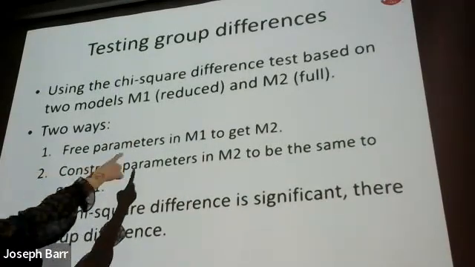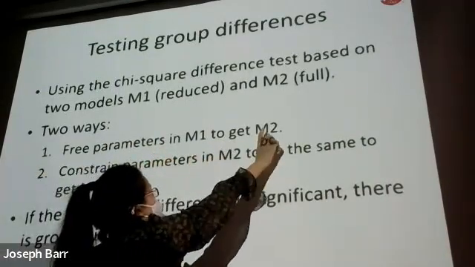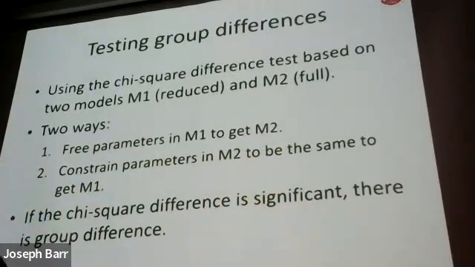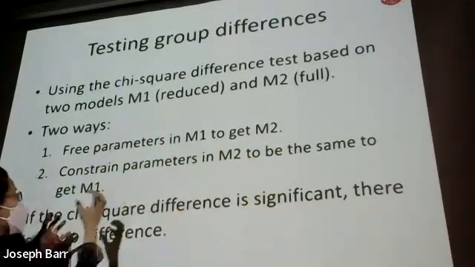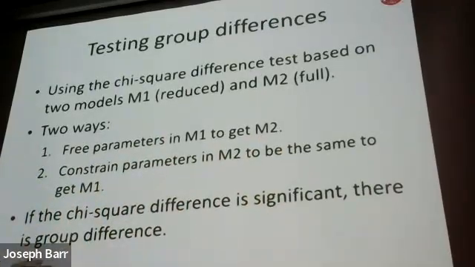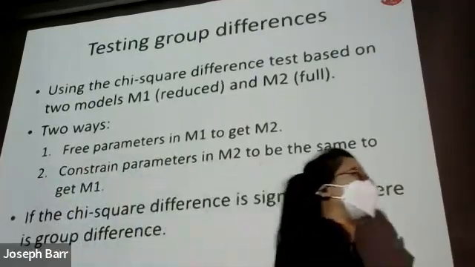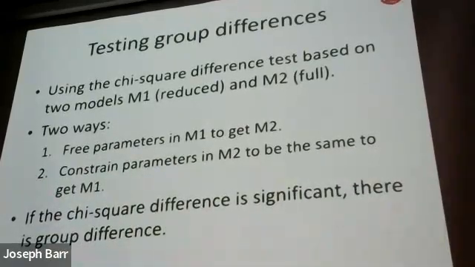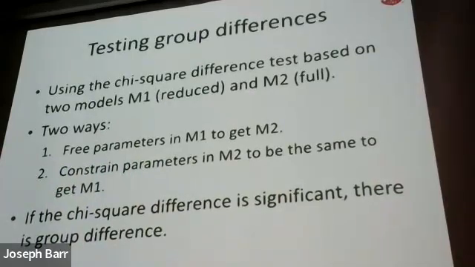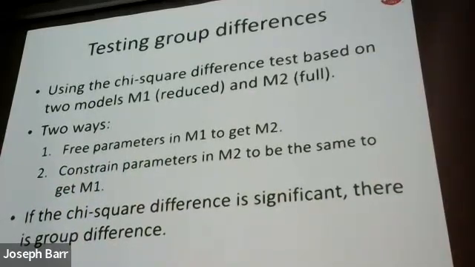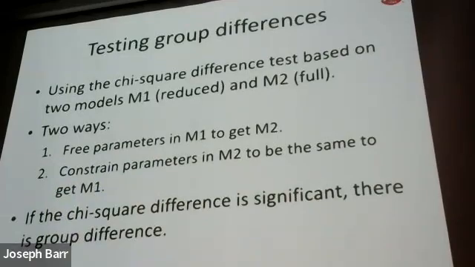So the number of parameters will be larger, so we get M2, okay? And then starting in M2, I put some constraint, fix some parameters at some value. Then I get M1. So you can have two ways to do the test. But finally, you're gonna compare their chi-square scores, chi-square difference.